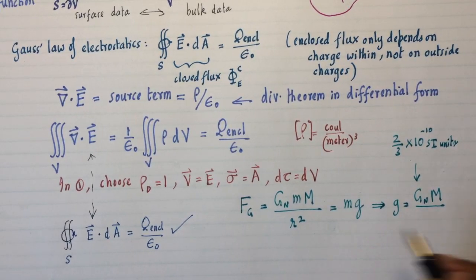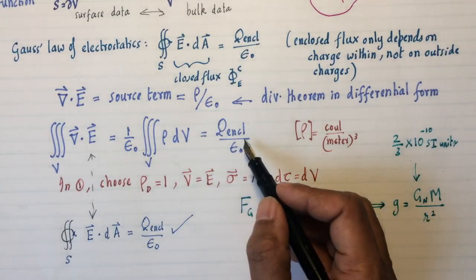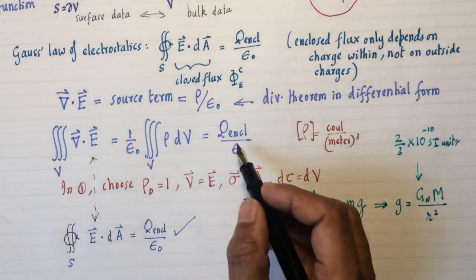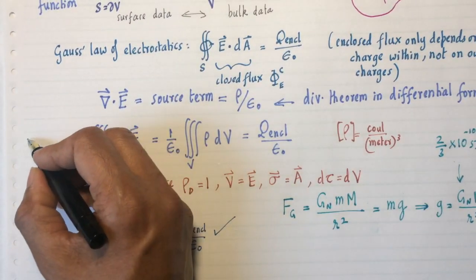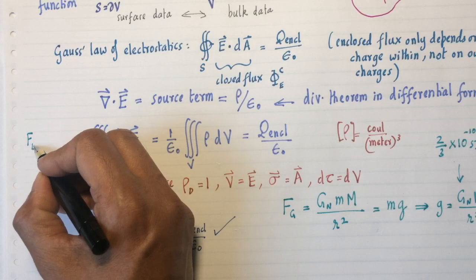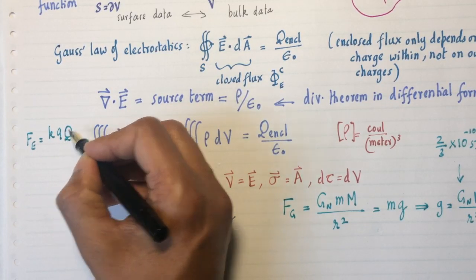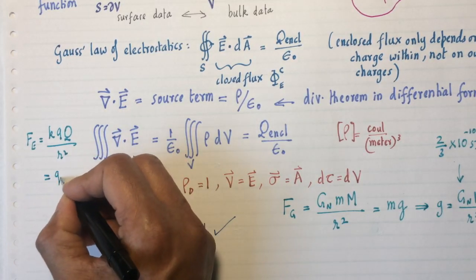You can easily figure out the units by looking at this. And divided by r squared. So whenever you have this r squared type behavior, you can be guaranteed some interpretation of enclosed. So Coulomb's law is behind this thing here. Coulomb's law, for those who need a refresher, is the electric force is K times Q, the test mass, times the source mass divided by r squared, and that's equal to Q times the electric field.